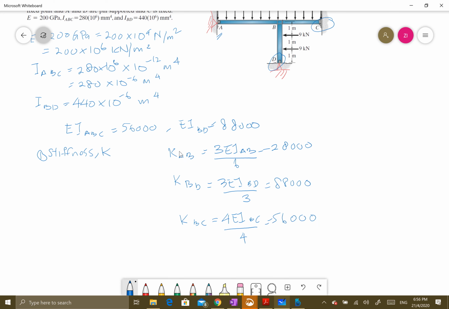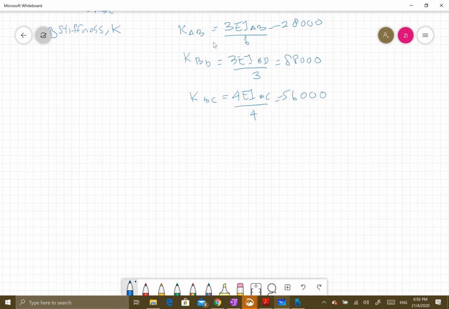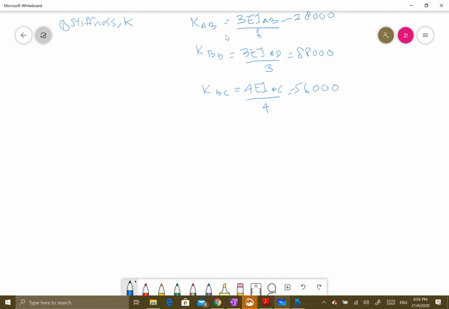Okay, so now we can calculate for distribution factor. Alright, so we start at the ends first. So for joint A, so A is pin, right?